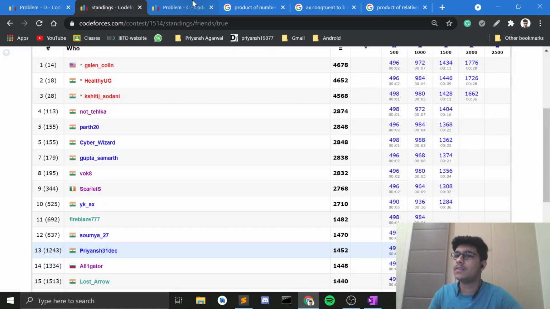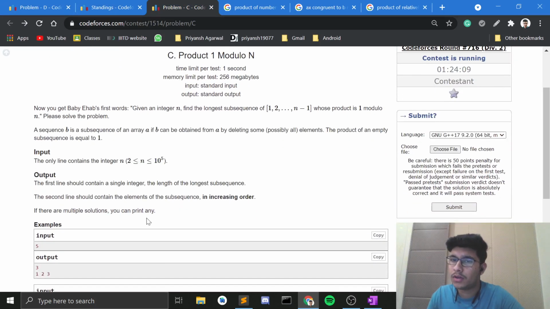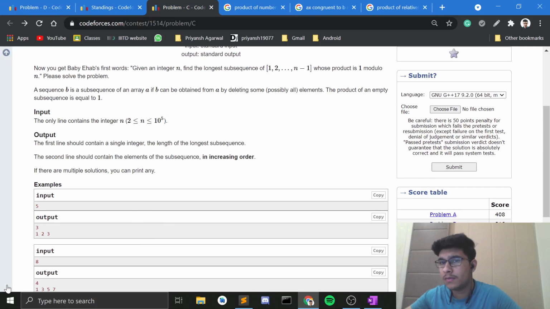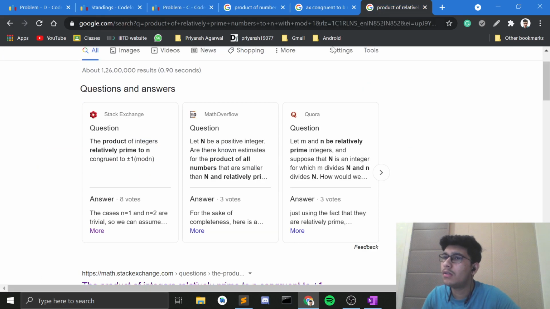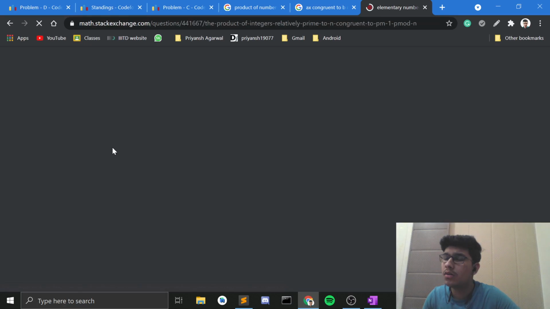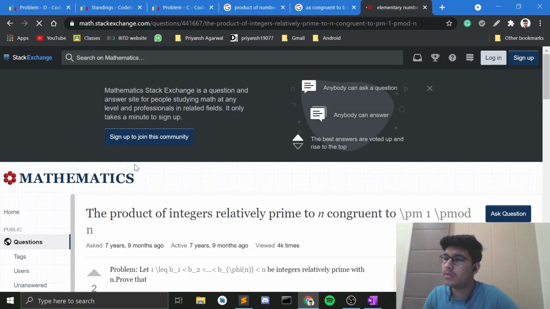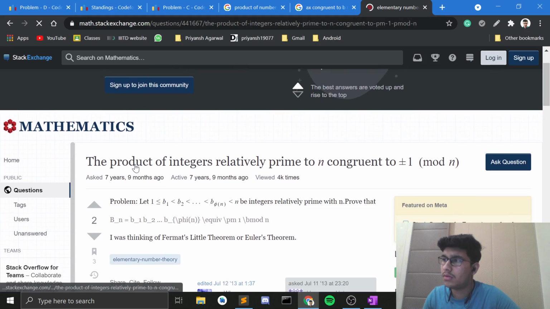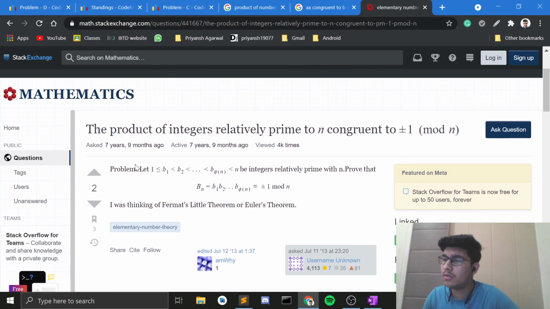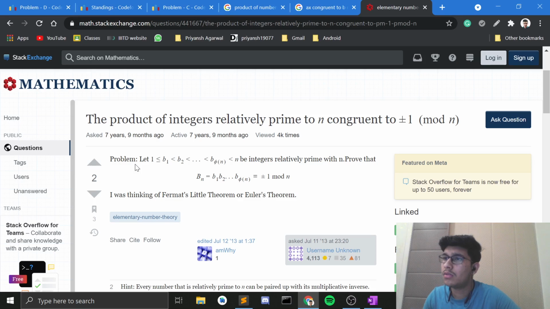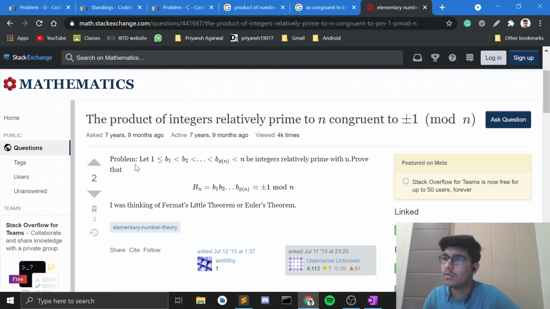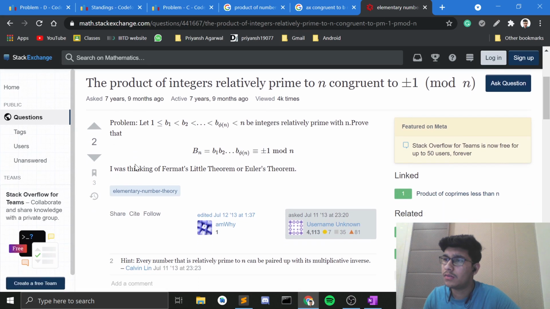Oh, I guess there is a theorem for this, like the product of all the numbers that are co-prime to n. Hmm, is it actually true?